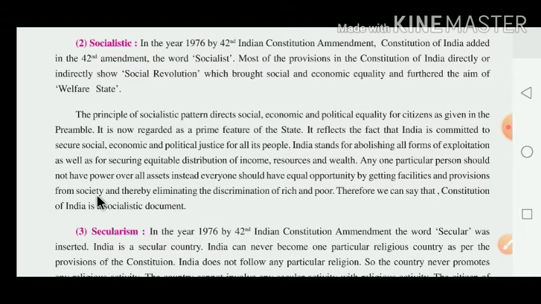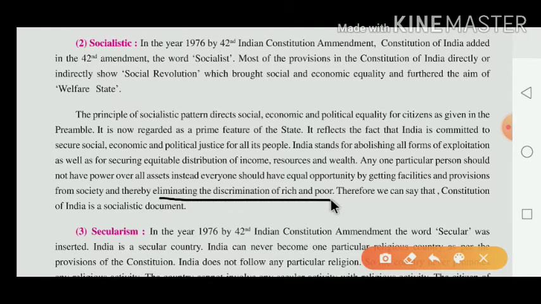Due to this, no individual has power over all kinds of assets, but everyone should have equal opportunity by getting facilities and provisions from society, thereby eliminating the discrimination of rich and poor. Eliminating means dur kar dena, hata dena.